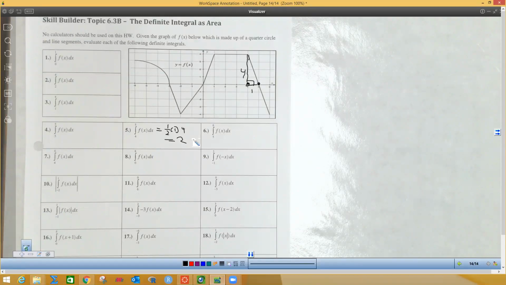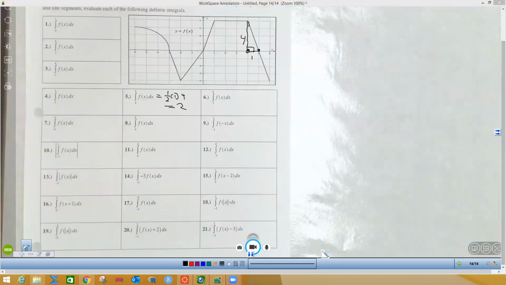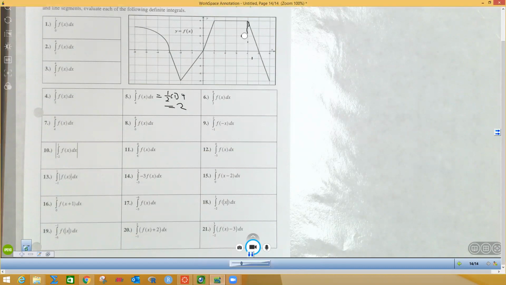Yes. Number 21. Hope it's down here. 21 says the integral from -2 to 3 of f of x minus 3. So this is a transformation problem.